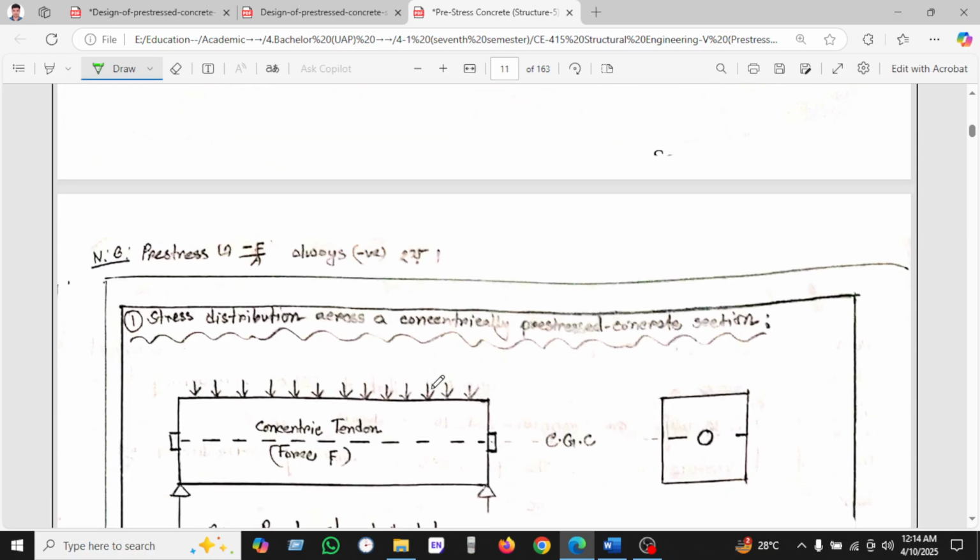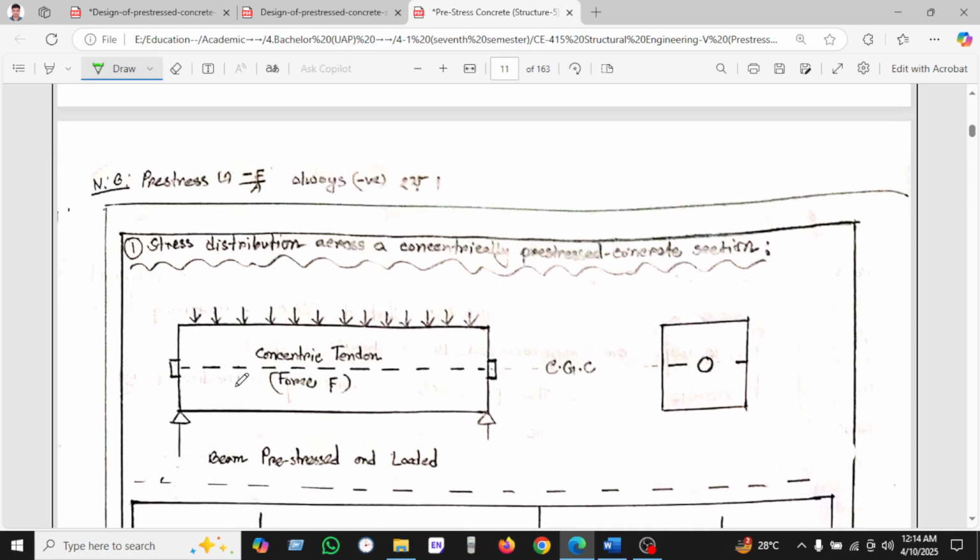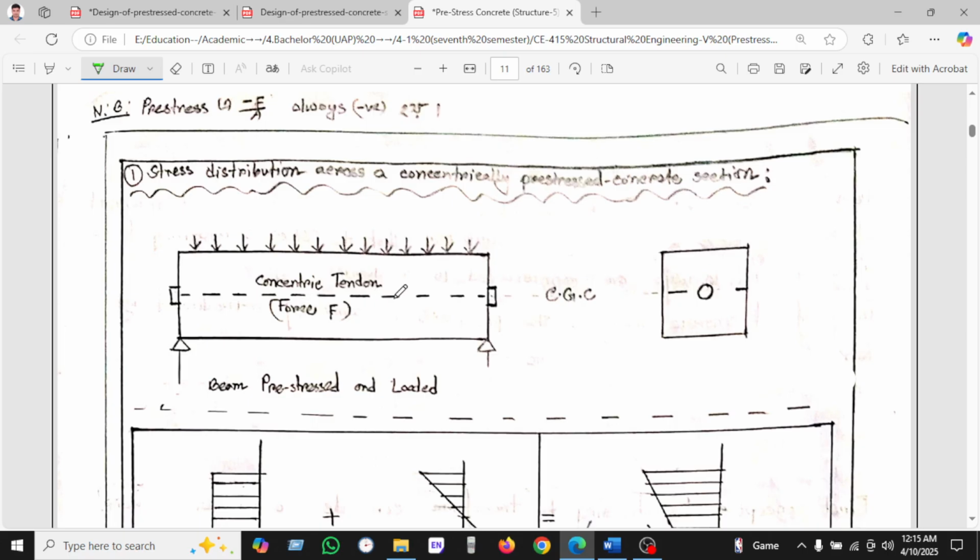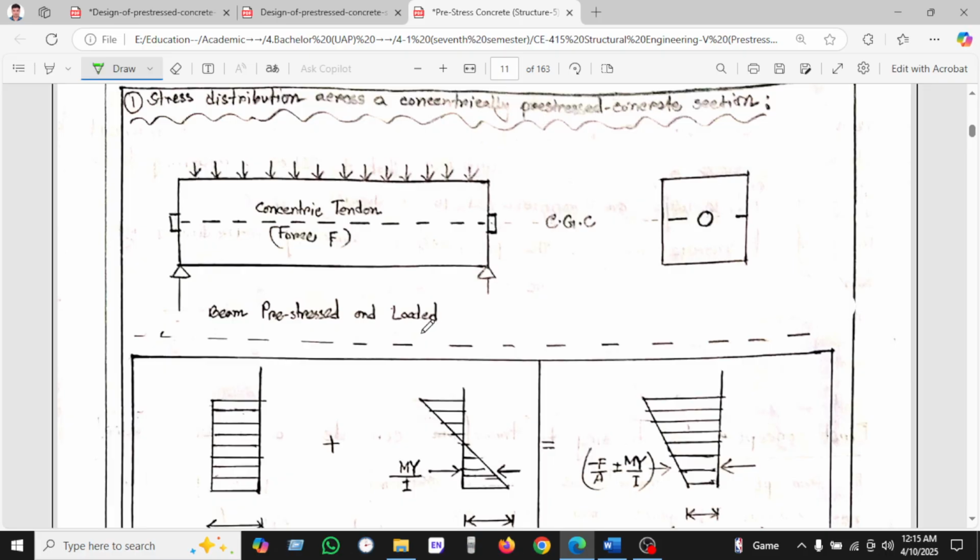Okay, so we can see here the stress distribution across a concrete and prestressed concrete section. We can see the concentric tendon here and the force, and the CG is given here. The CG, the beam prestressed and loaded.